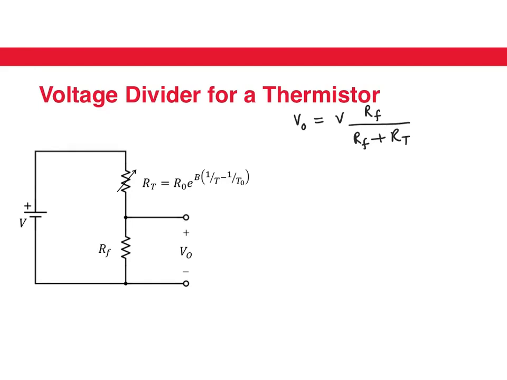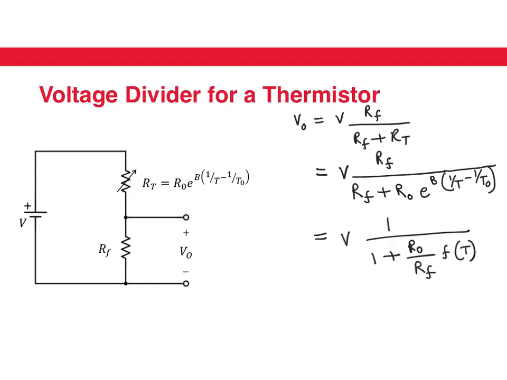And now what we can do is, instead of RT, we can substitute the resistance of a thermistor with respect to temperature, and what we get is an equation like this. And this can be further simplified in the following way. What I have done in this case is I have written this exponential function of temperature as a function f of t.